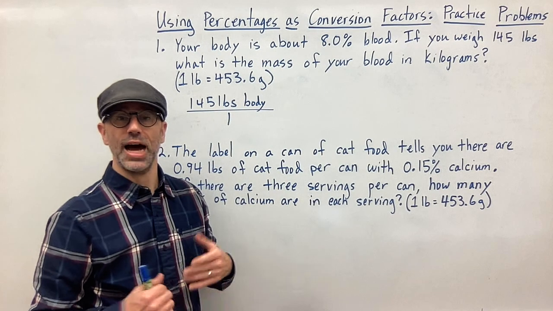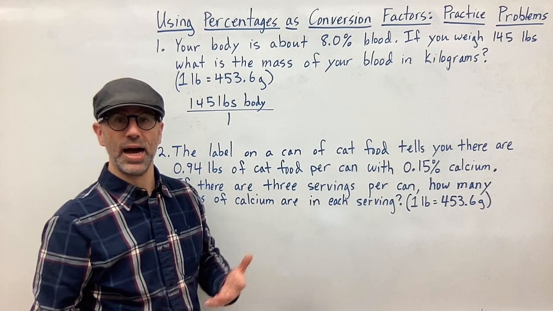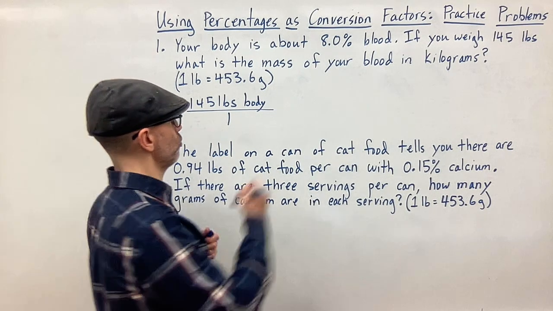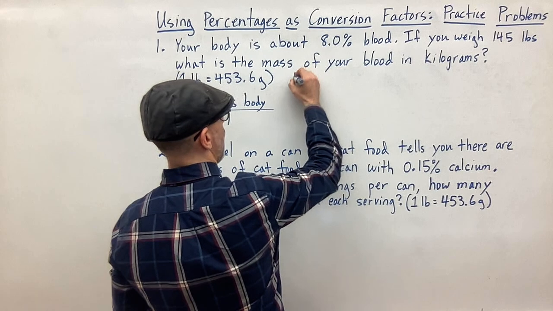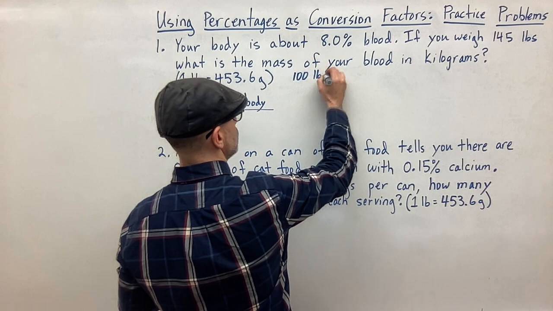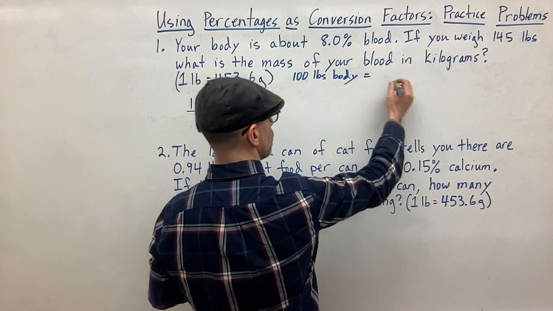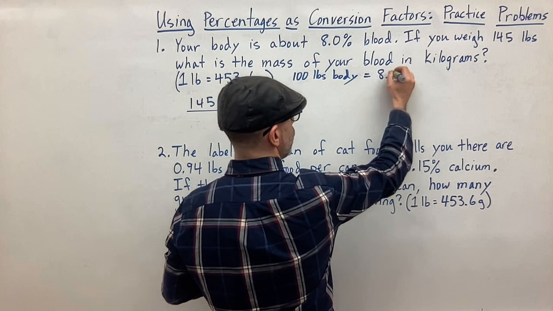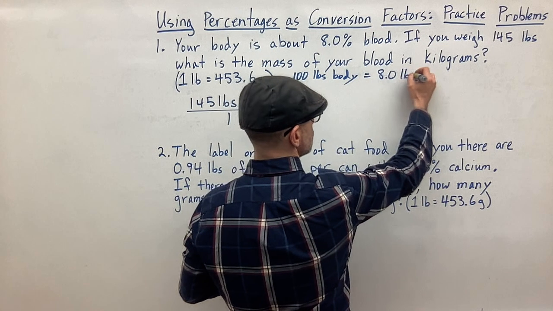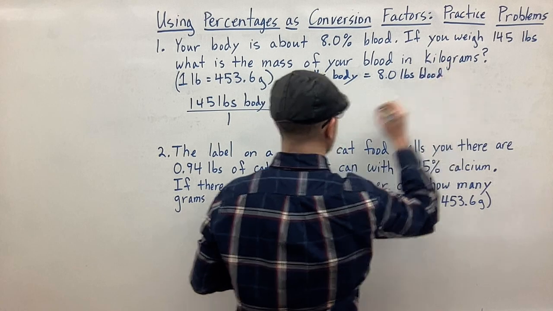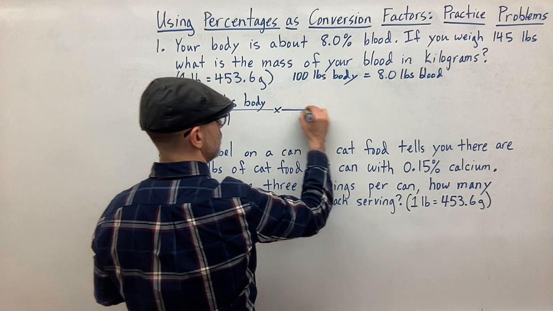So we can use out of 100 pounds of body weight, 8 pounds is blood. So we could write that here. Out of 100 pounds of body, 8.0 pounds is blood. So we can use that as a conversion factor.